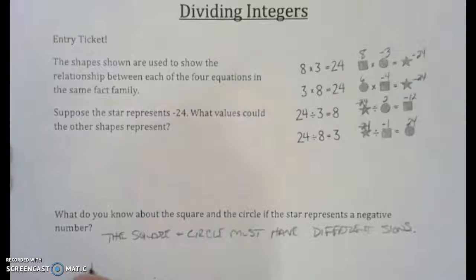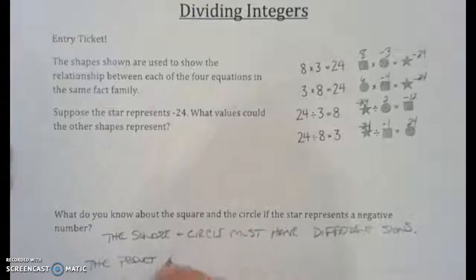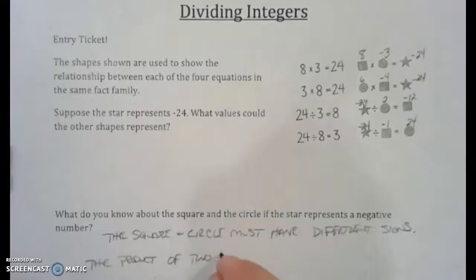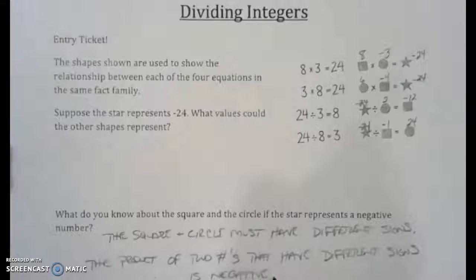The product of two numbers that have different signs, as well as the quotient of two numbers that have different signs, is going to be negative.